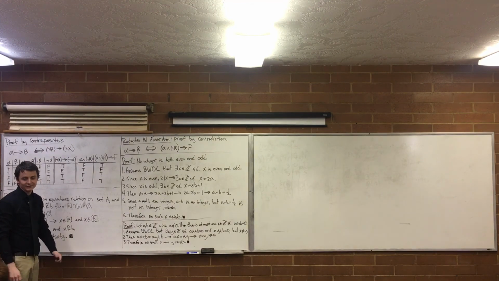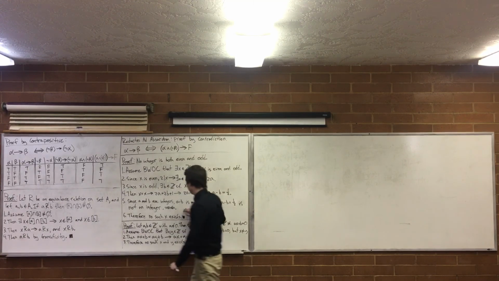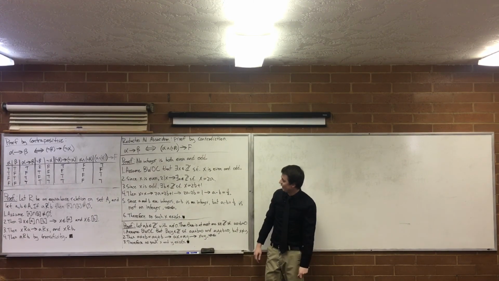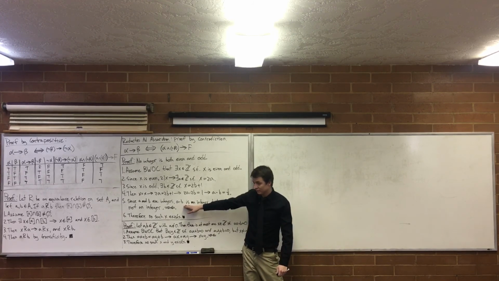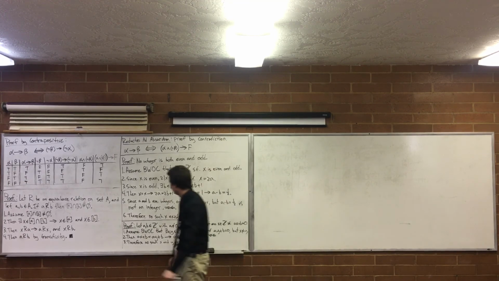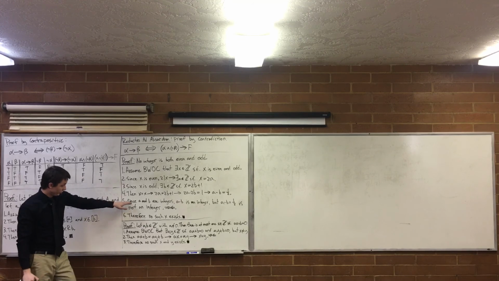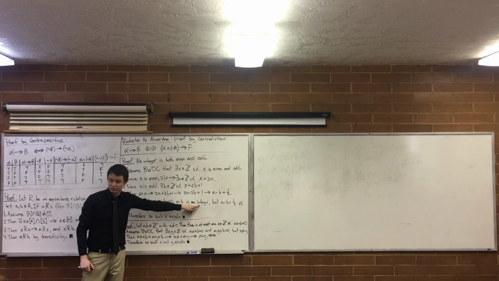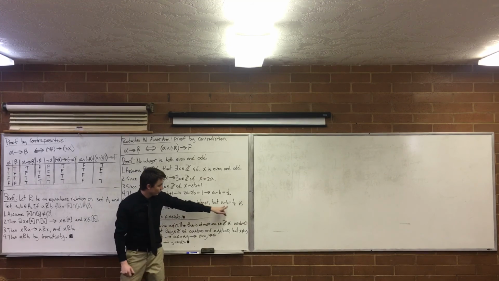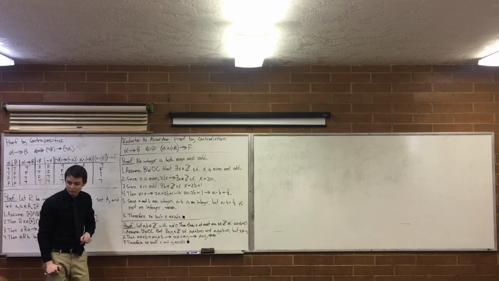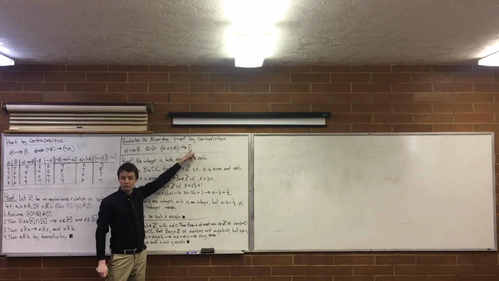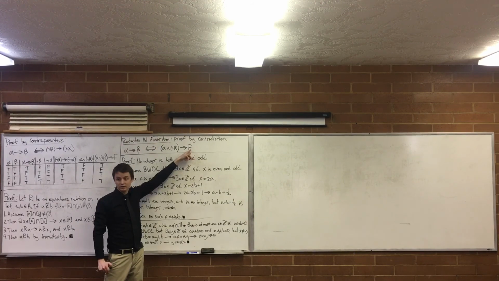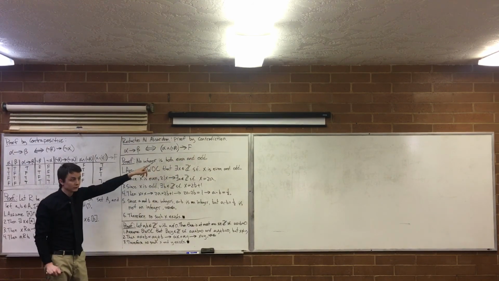Since a and b are integers, a minus b is an integer, right? But we just showed a minus b equals 1/2 is not an integer. So a minus b is an integer and a minus b is not an integer. That's our false. That's our impossible statement.